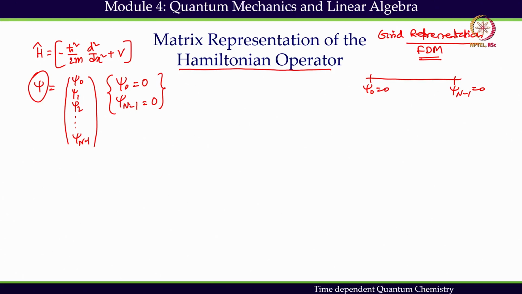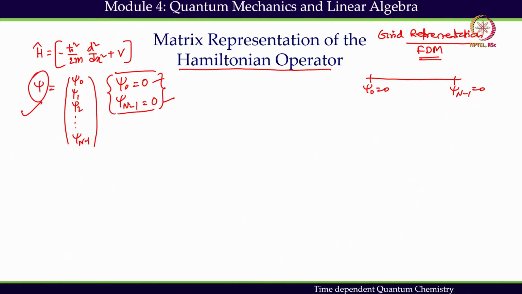So this is the basic idea. In the reduced Hilbert space, when we are presenting this in a finite grid representation, it is quite clear that this initial defining condition is naturally supported by the property of the reduced Hilbert space. So you are good to go with this kind of wave function where the initial and the final values are taken to be 0.